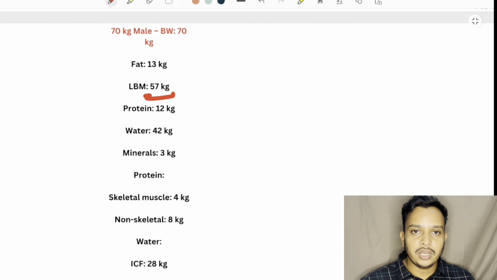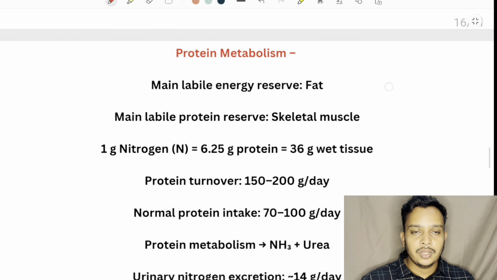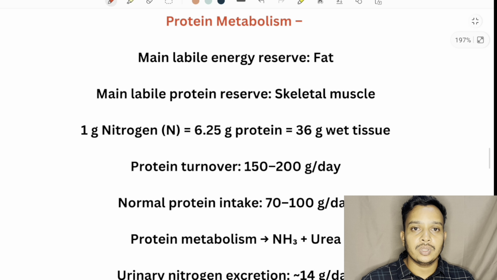In that case, urinary nitrogen loss rises from the normal 14 to up to 20 grams per day, which, as I told you, is equivalent to up to 500 grams of lean body mass per day. The critical protein loss is 30 to 40% of total body protein mass. Whenever protein loss is more than 30 to 40% of body mass, survival is unlikely.